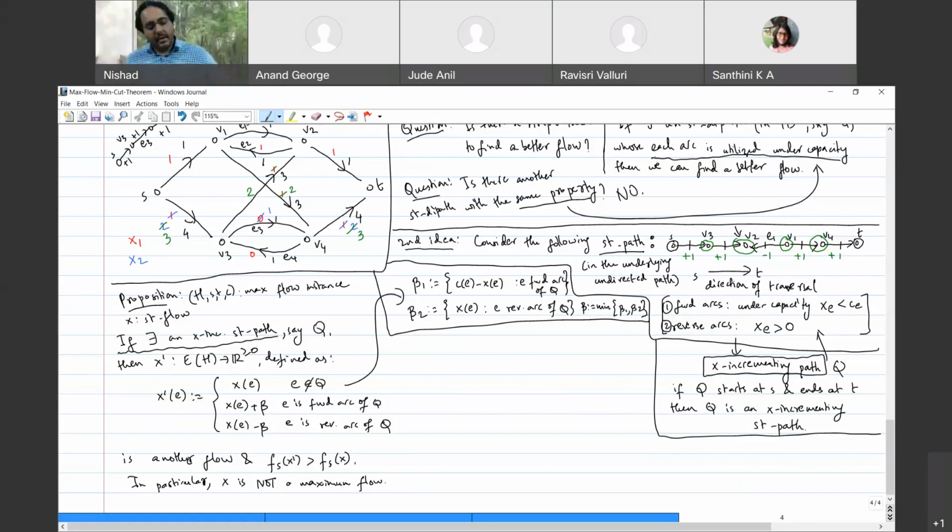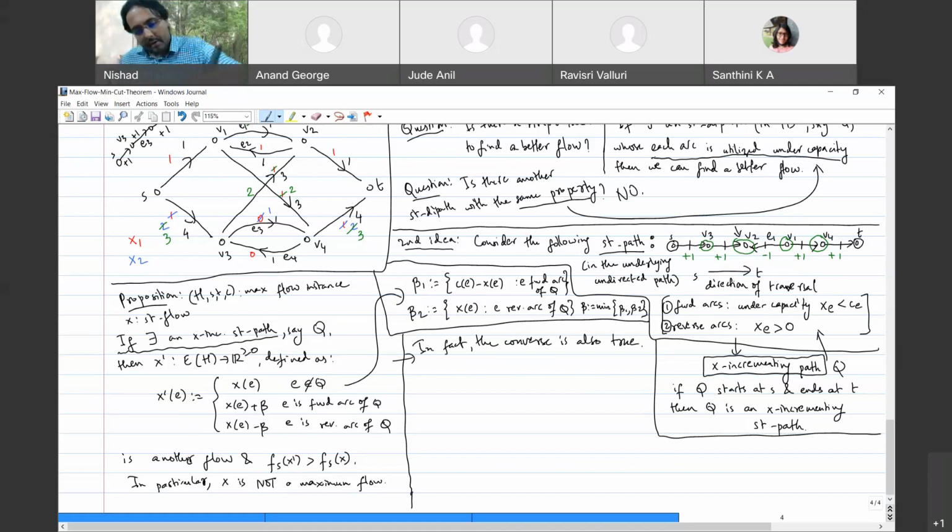Okay, so that is nice. Turns out this is actually if and only if. In fact, whenever you don't have an X incrementing ST path, it necessarily means that the flow you have is a maximum flow. So in fact, the converse is also true.